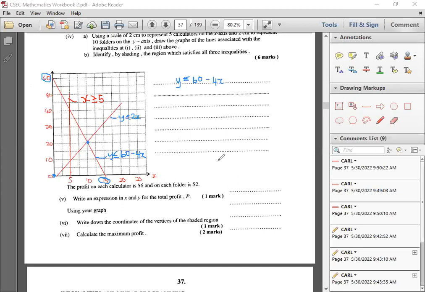Basically, what I did, I cancel out the simplifying for it. I start off with 0. So I draw a table and I put x and y at the top. So 20 times 0 is 0 and 5 times 60 is 300.